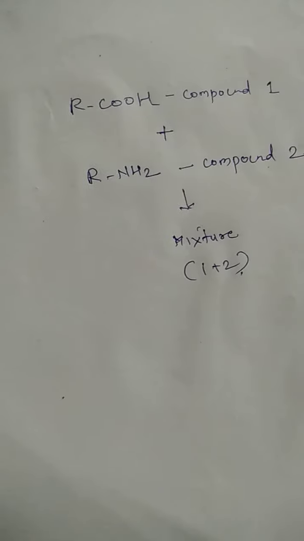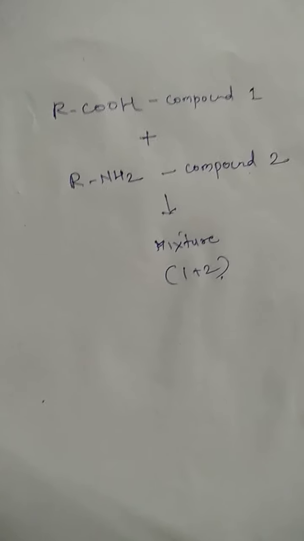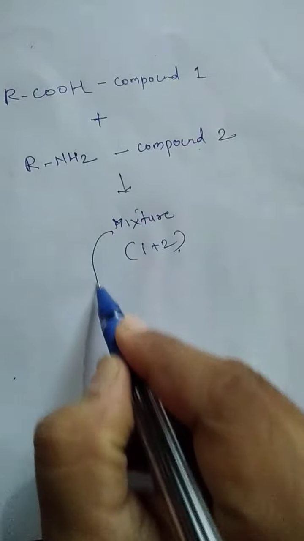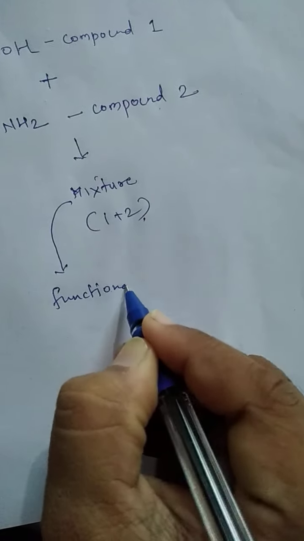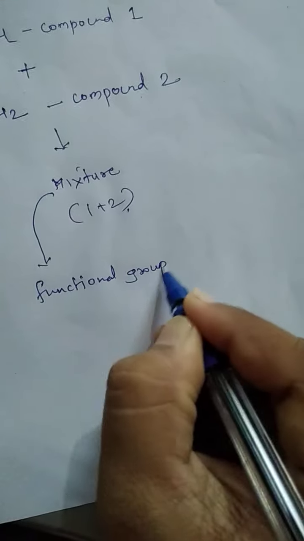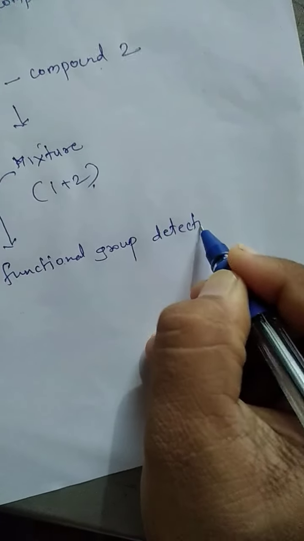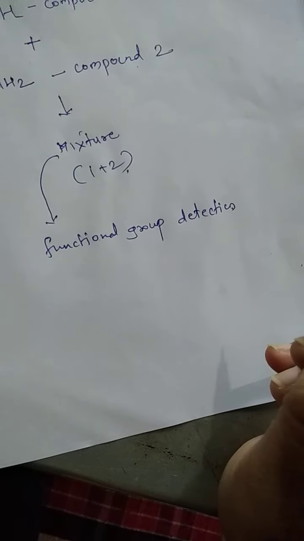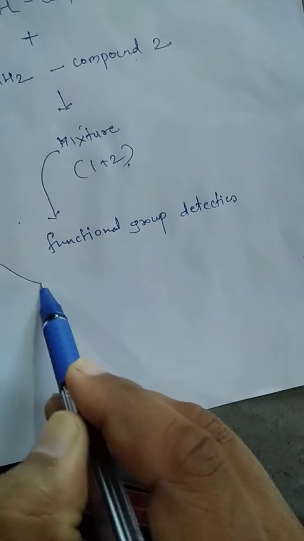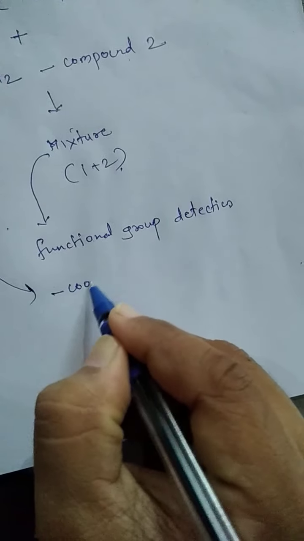Now if you are going for direct testing, you take this mixture and go for, suppose, functional group detection. What happens if you go for this functional group detection? You may identify that the given compound consists of an acidic group.